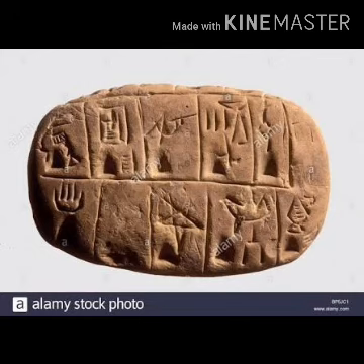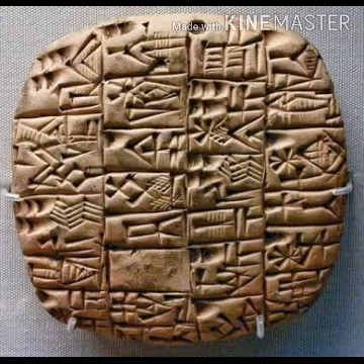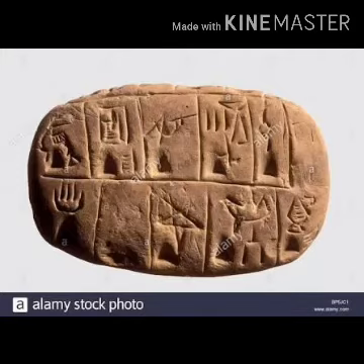Then it was baked by keeping it out in the sun or in fire until it got dry and hard. Stone was very hard and difficult to inscribe, so a flat surface of clay was made to press the symbols or script, and that was called a clay tablet.